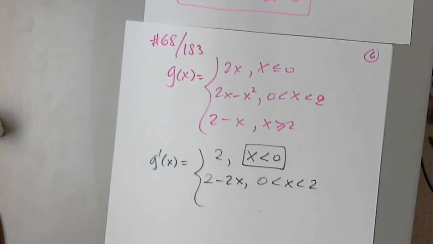And can anyone give us the derivative for the last one? Negative 1 for x greater than 2. Notice that I cannot put the equal symbol yet. So the middle one did not have the equal symbol. That's fine. I don't have to worry about anything. But the top and the bottom ones have the equal symbol, but I cannot put it in, and I'll explain in a minute.